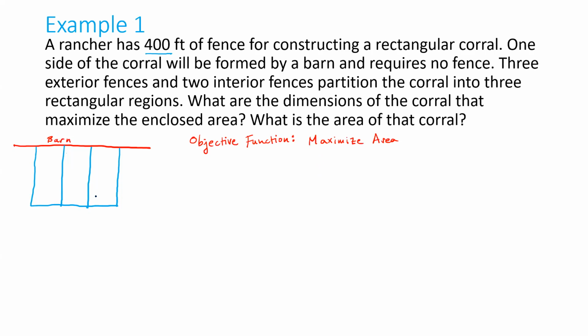What might help here would be to introduce some variables. Notice that the barn itself has these 2 dimensions. You've got x for the length of these sides here, and then I'll make the other side a y. So that would be the length of this side.